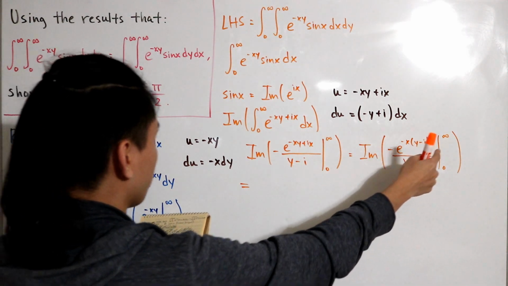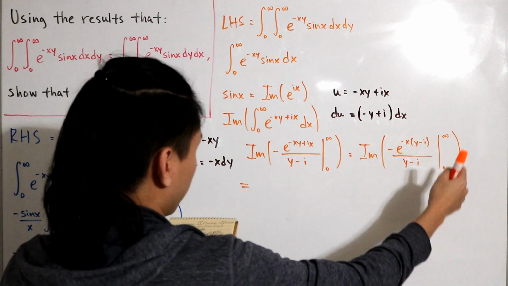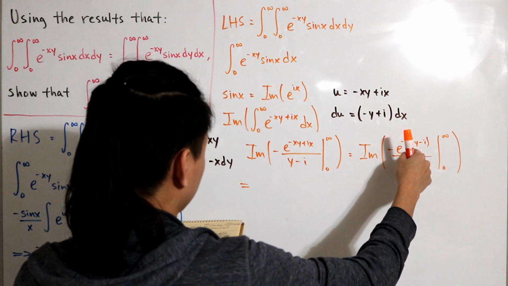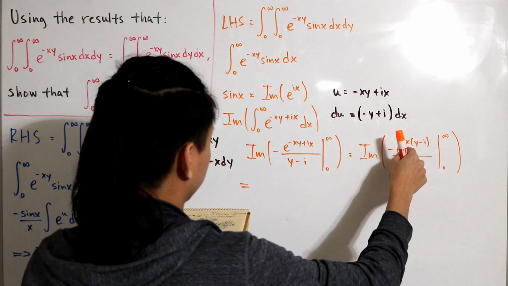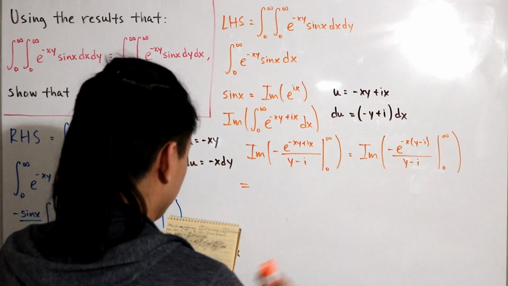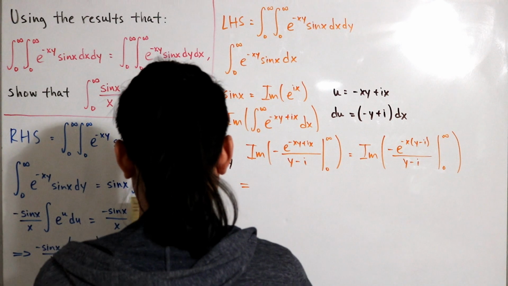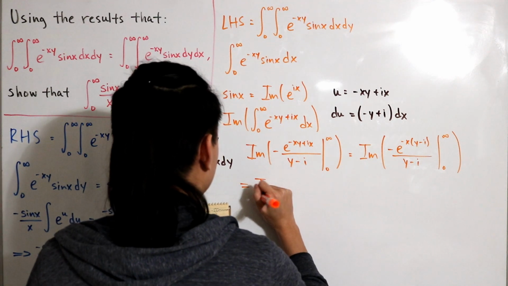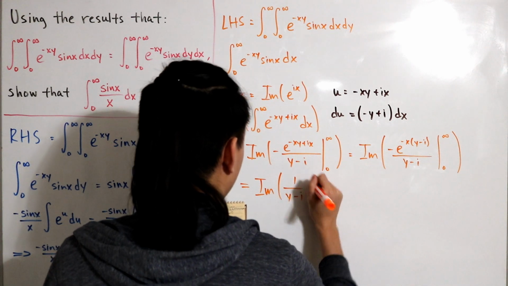You plug infinity in here, then that's just going to become 0. And if we plug 0 for x, then the numerator is just going to be 1. And 0 minus 1, that means it becomes a positive. So it's the imaginary part of 1 divided by y minus i.